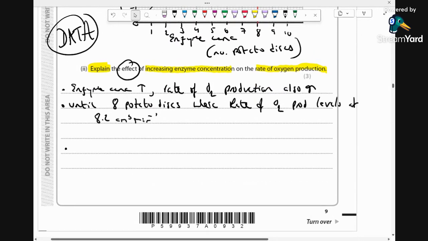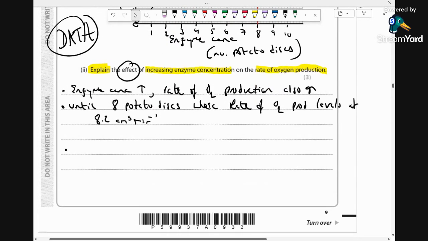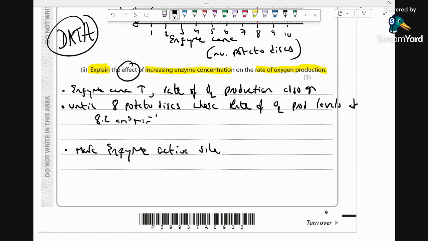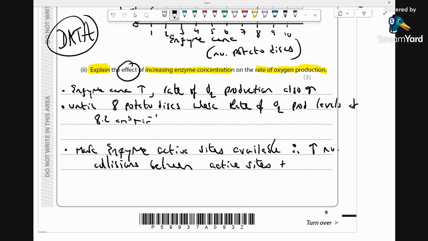We haven't explained why this is true, though. So this is true because you have more enzyme active sites available, therefore an increased number of collisions between your active site and substrate.